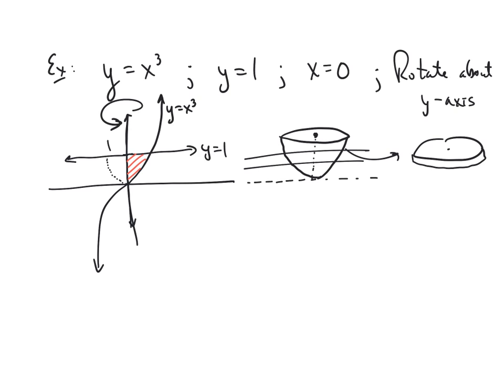Therefore, the shapes that we create are disks. And so what we need is our formula for disks, which is pi times radius squared times height for the volume of each disk. Then to calculate volume, we add up all of the disks.